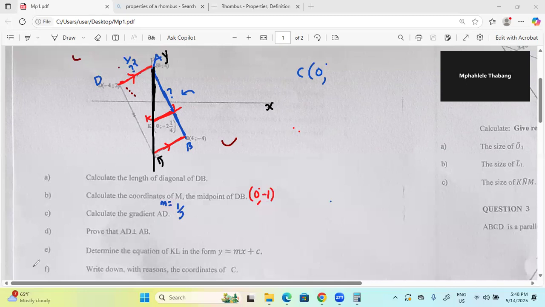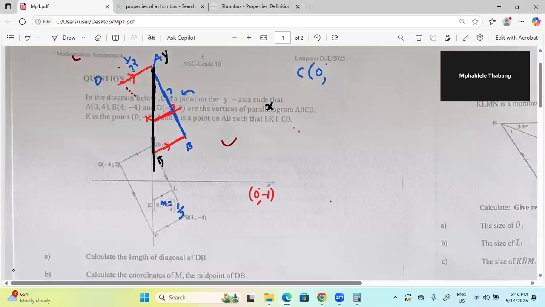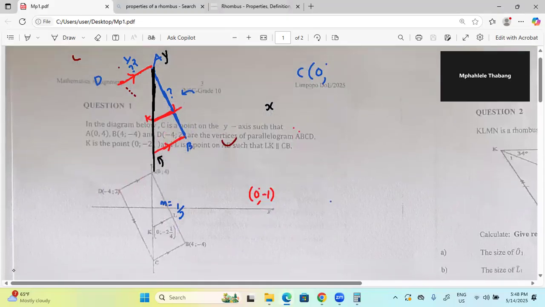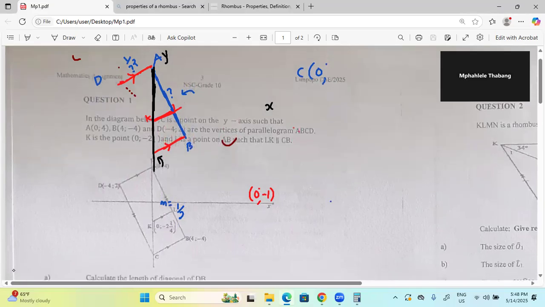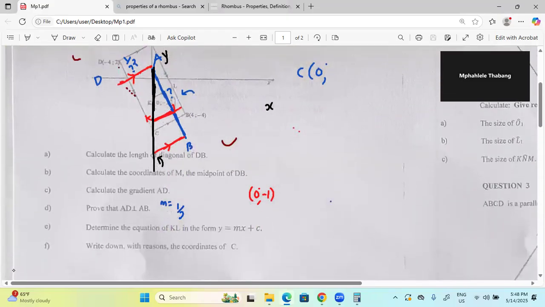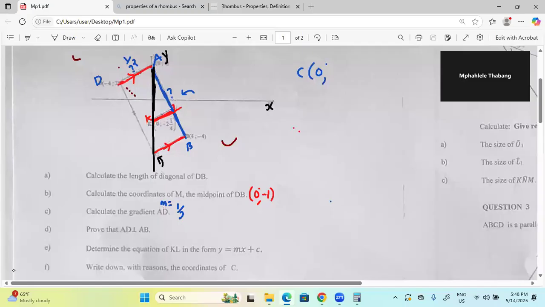Is there any information which I'm missing? Sometimes you have to go back and look at the given information if you feel like there is something you are missing. In the diagram, C is the point on the y-axis such that ABCD is a parallelogram. K is the point, and L is the point on AB such that LK is parallel to CB. I was reading so fast because I was checking if there's anything I'm missing. I'm looking for the coordinates of C. Actually, the coordinates of C can be found, but I'm looking for an easier way.